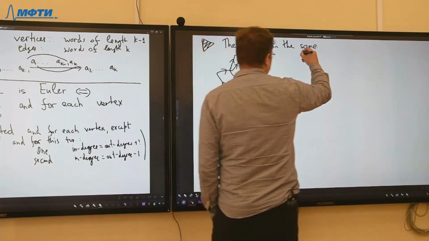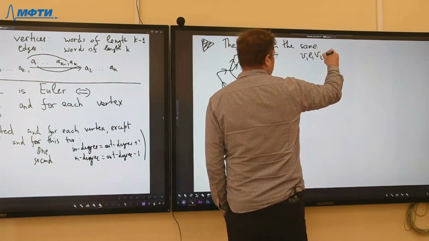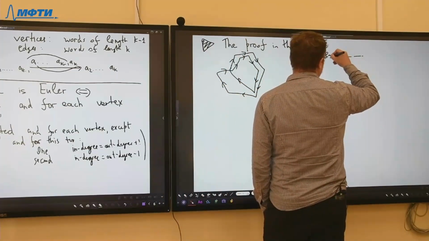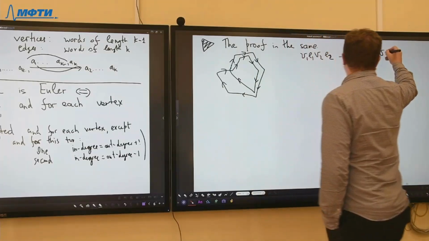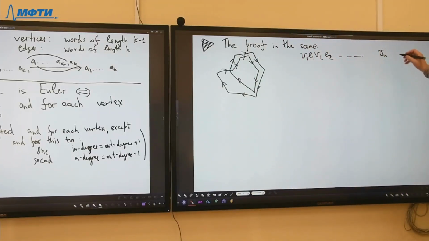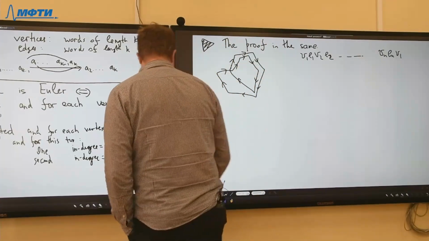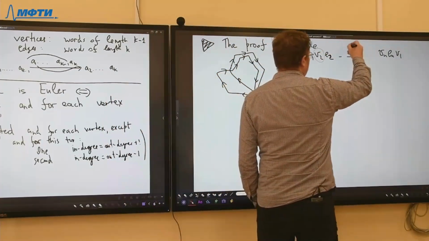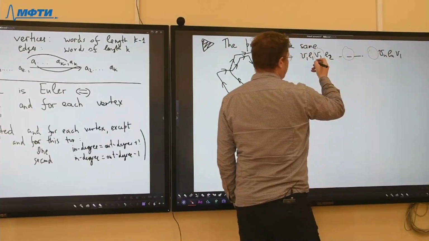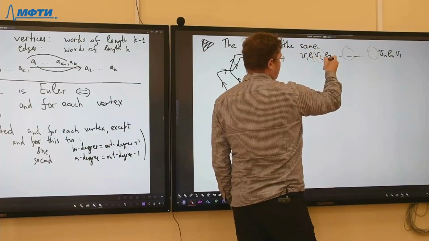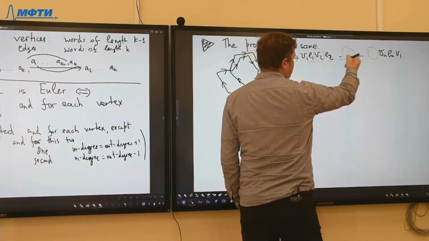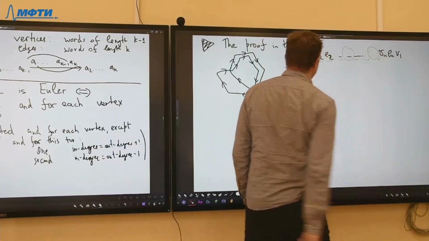So if we look at an arbitrary node, this will be counted in in degree and out degree, and so in degree is equal to out degree.